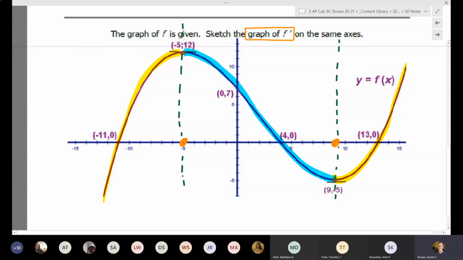When f is increasing, I know that f prime is positive. And when I say positive, it's going to be positive values above the x-axis. When f is decreasing, f prime is going to be negative, below the x-axis. We, of course, know that when it's 0, it's on the x-axis. And so this last part is also increasing, so f prime is going to be positive and back over the x-axis.